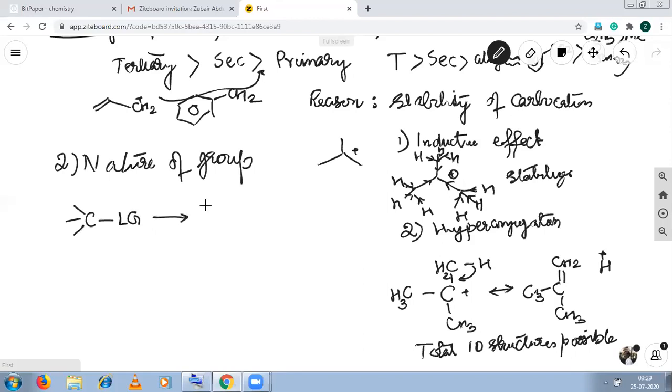And this is the mechanism. Now, if this reaction has to be faster, this should be a very good leaving group. A poor leaving group versus a very good leaving group.